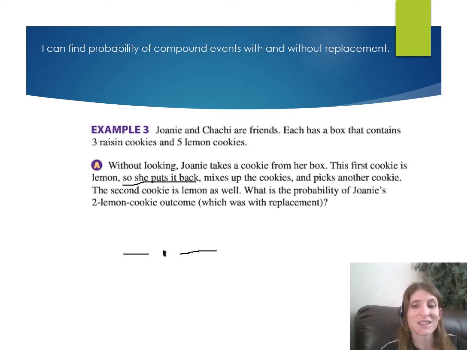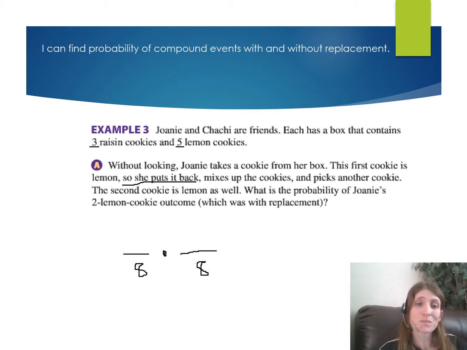We're combining these probabilities. We want to know this and this together. Okay, so I'm going to put the total number of cookies on the bottom. It said that there were 5 lemon and 3 raisin, so I know I have a total of 8 cookies in the box. So I'm going to write 8 there, and guess what? I can put another 8 here because it says that she put it back in, so I'm okay to put 8s on both of them because that is the total for both.